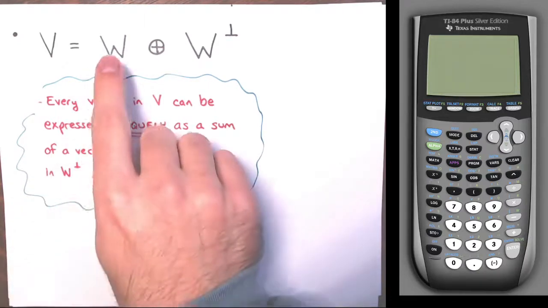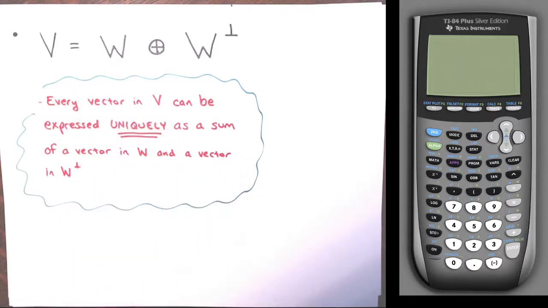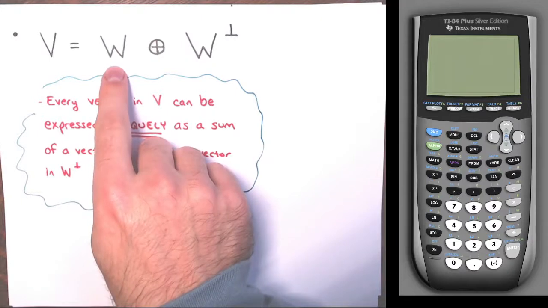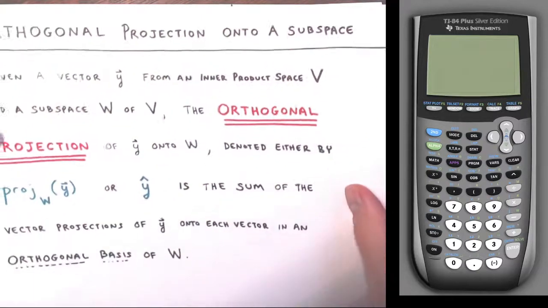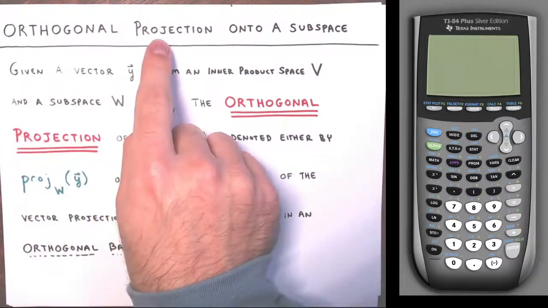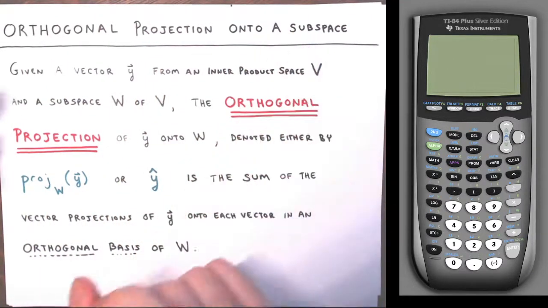So first I'll talk about how we find this vector from W, the W component of vector V. And that would be the orthogonal projection onto that subspace, onto W.